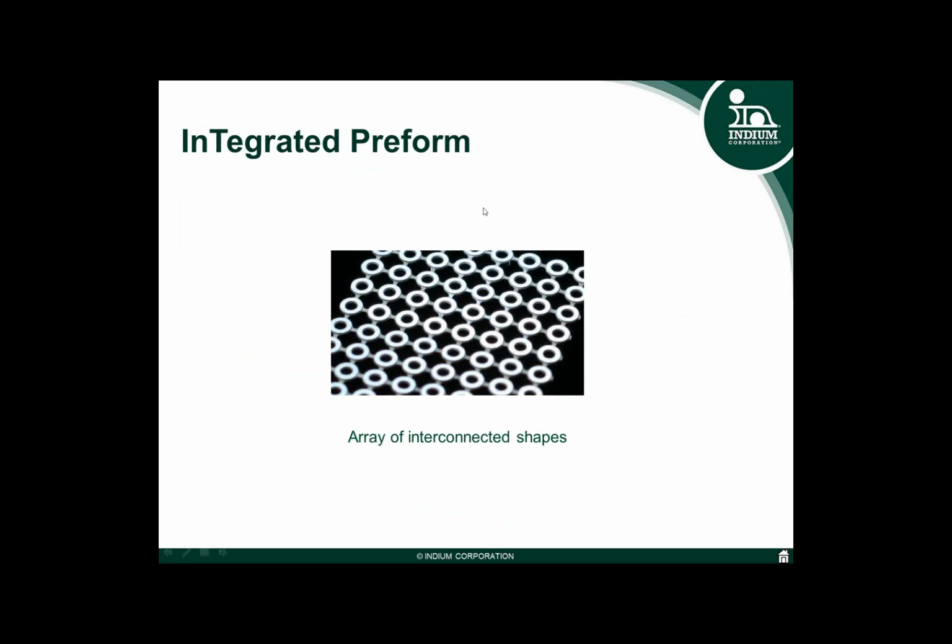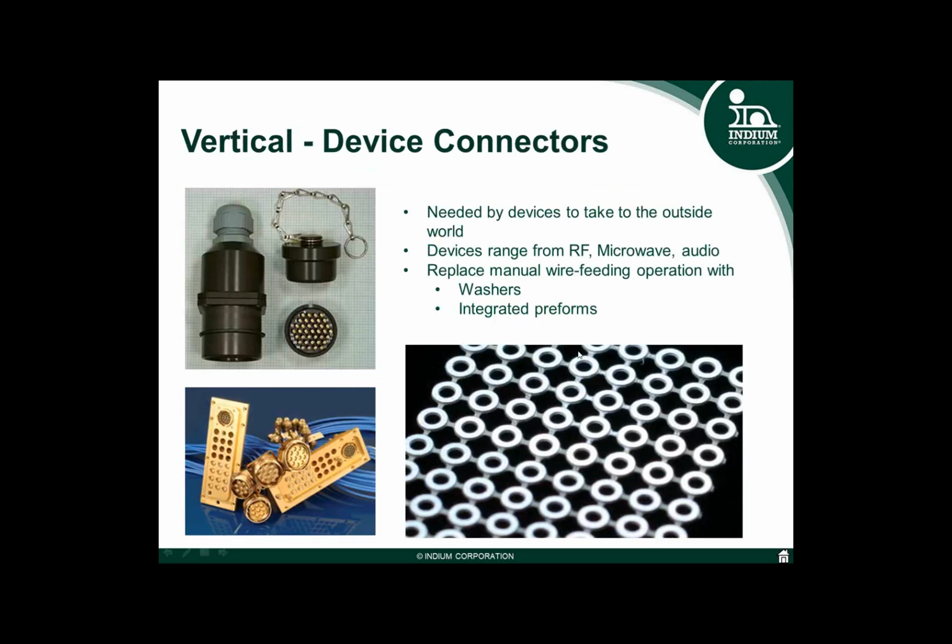We mentioned earlier on in Bob's presentation, again with a fantastic video, an array of washers connected together with an integrated tie bar. And again, these applications are shared in ways that Bob has mentioned before for connectors, making it very easy to make a multi-pin out connector very repeatable in a process.